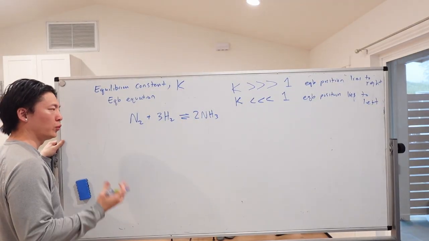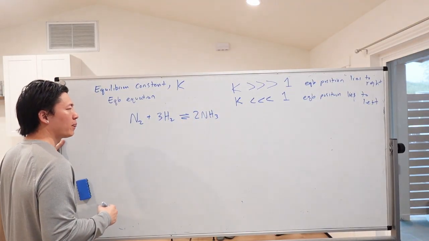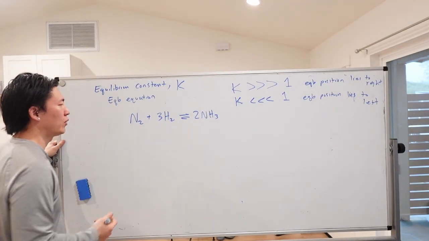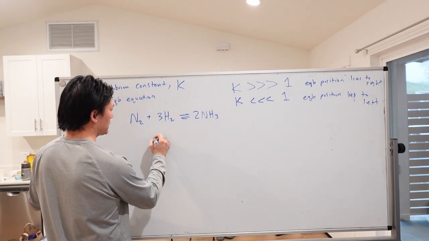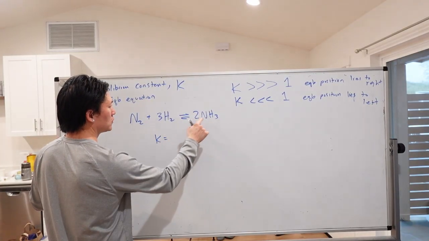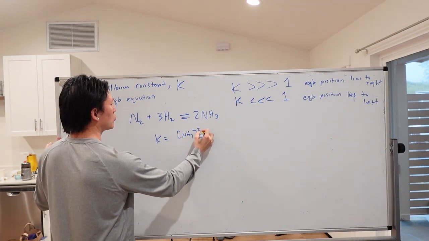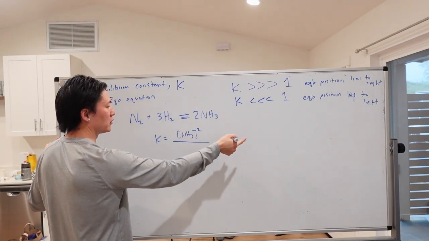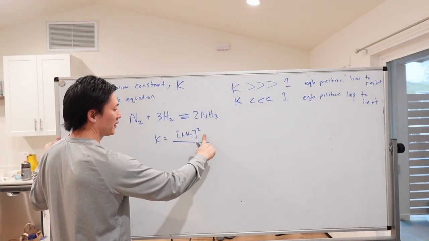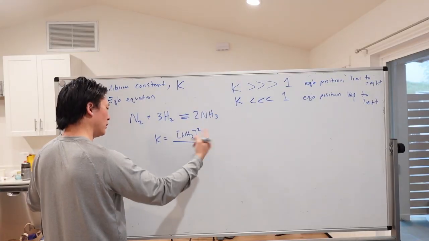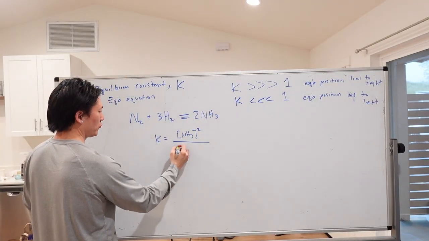When you have all gases, you can write the equilibrium equation like this. K equals a single product, NH3 squared. There's no more product here, so I don't need to multiply it by anything else. Remember, if there are more products, then you multiply by another product raised to its corresponding coefficient.